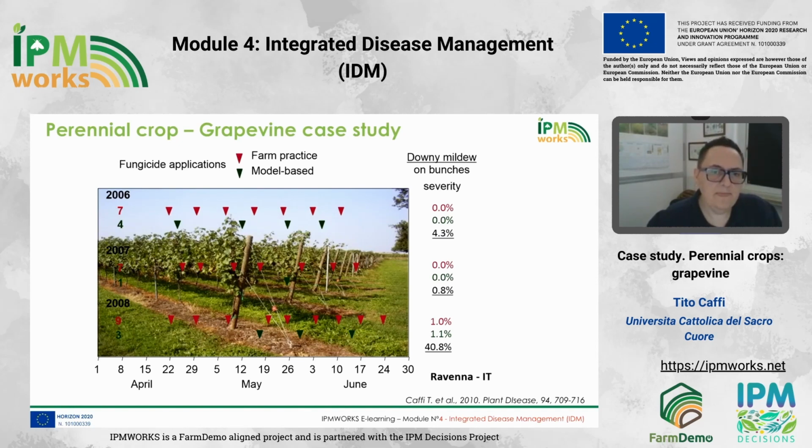You can see downy mildew on bunches, so the severity of the disease in the farm plot, in the model-based plot, and the one underlined is the untreated plot. So let's say the natural level of the epidemic without any crop protection management.